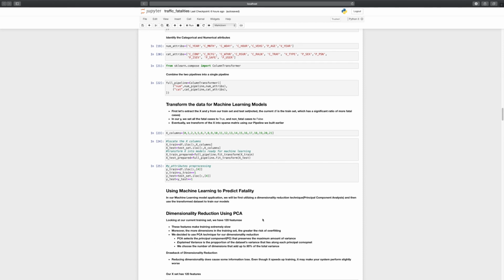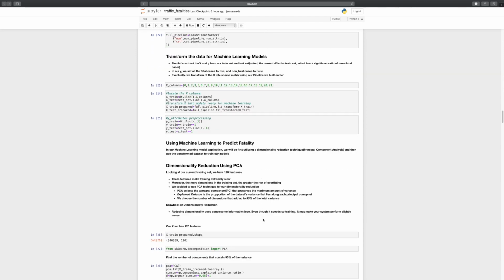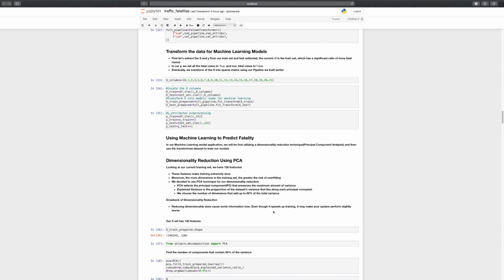So let's start to apply machine learning techniques to predict fatality. The first thing I did is to use dimensionality reduction with principal component analysis. Why did I do that? First of all, our data set, our X, has about 120 features. These features will make our training extremely slow.